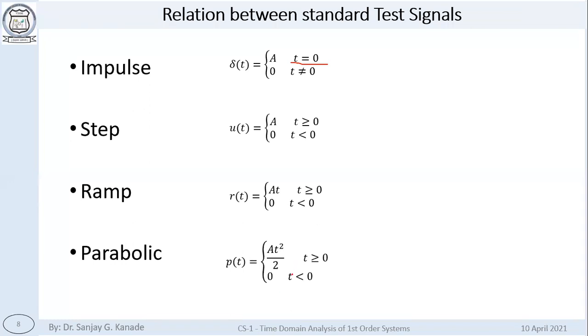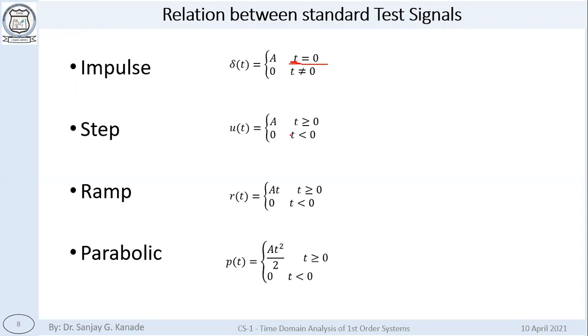Only for the positive part of the x-axis do these signals have value. Impulse doesn't have value for the positive part either. It has value only at t equal to 0, and it is a.